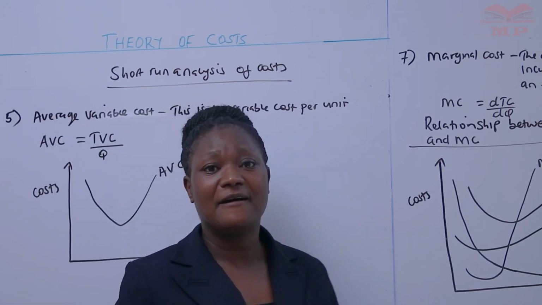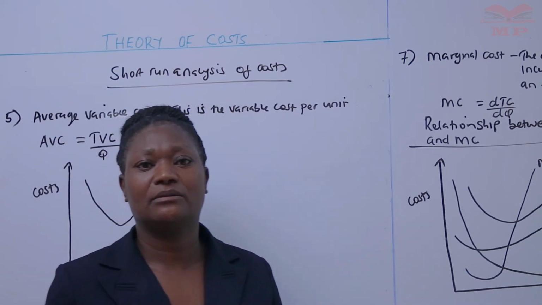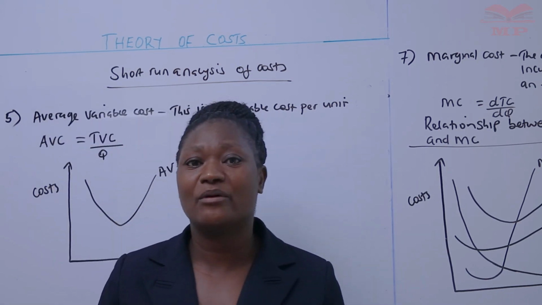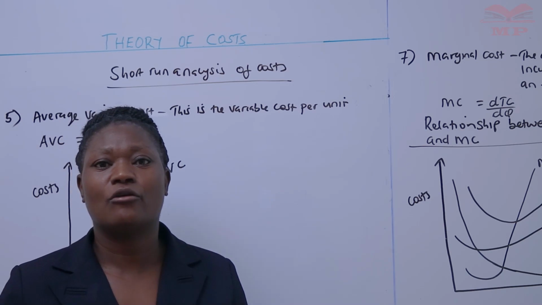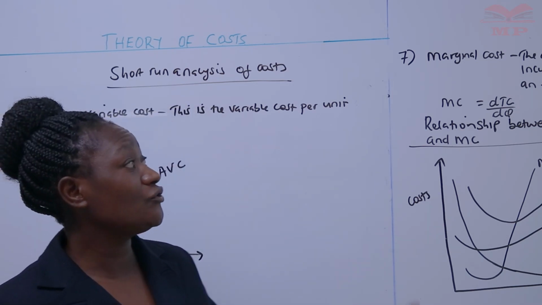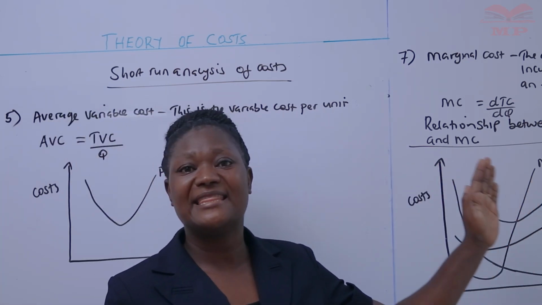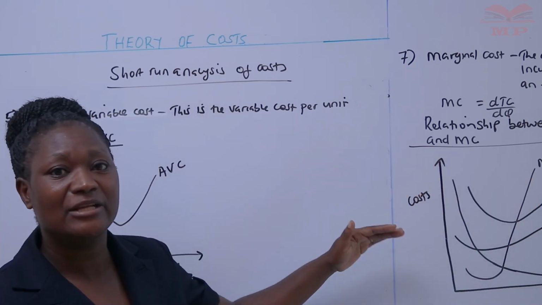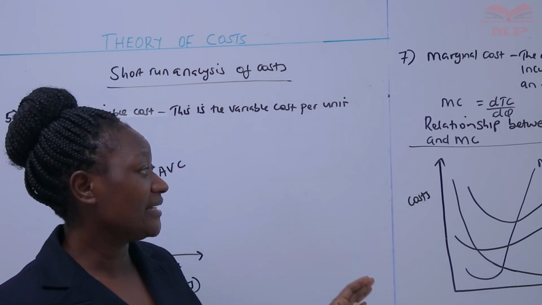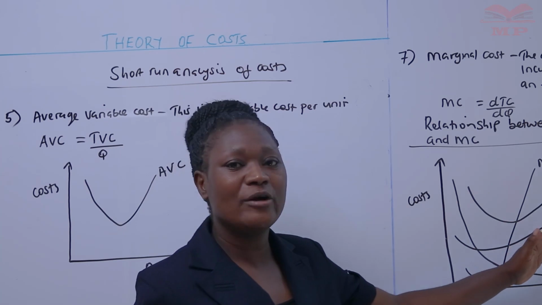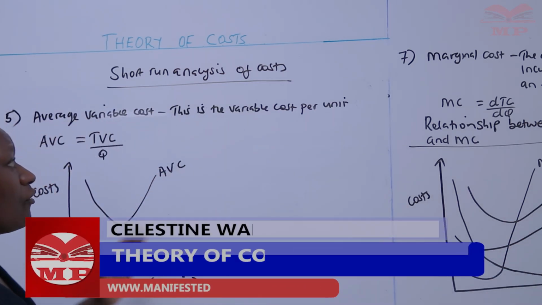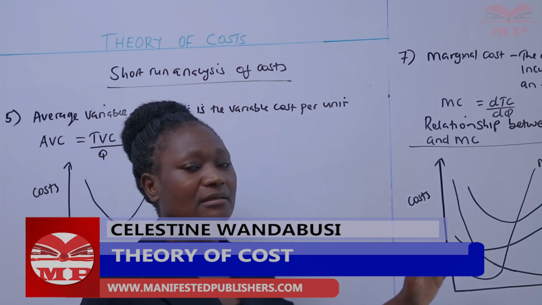We also have the average costs: average fixed cost, average variable cost, average total cost, as well as marginal cost. If they are required in your exams, you should be able to explain, backing up your explanation with graphs, and show the relationship between the graphs, both for the costs and the average costs.